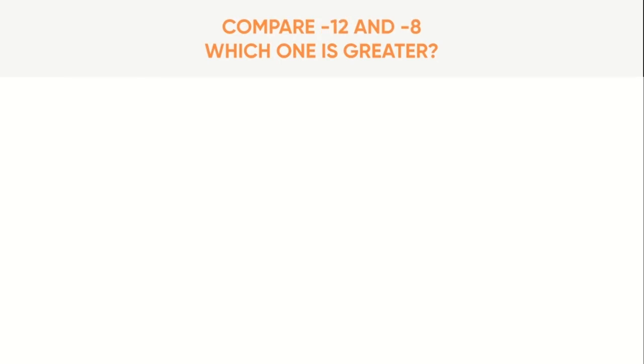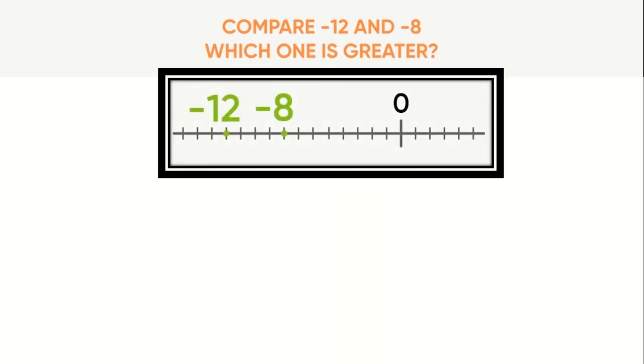Let's have another example. Let's say we're not comparing positive and negative anymore. What if both are negative? Let's say negative 12 and negative 8. Of course, you can still use the number line and locate negative 12 and negative 8. As you see here, from 0, the scale is just 1.